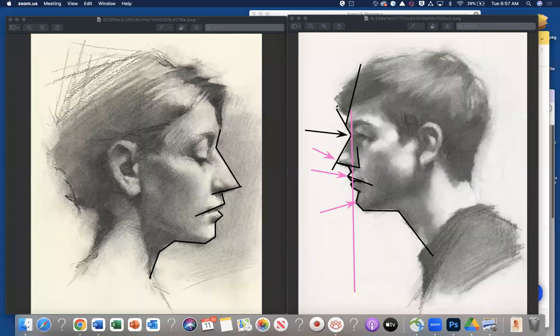Now, the other thing I want to point out over on the right side, the fellow here on the right, is the angle of the eye. See this eye here? So you have the eyebrow, which always starts where the keystone kind of ends, and then it transitions into the forehead.